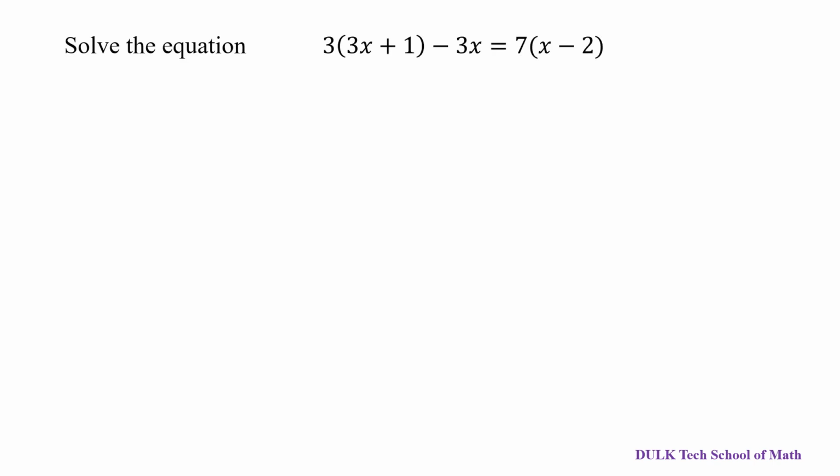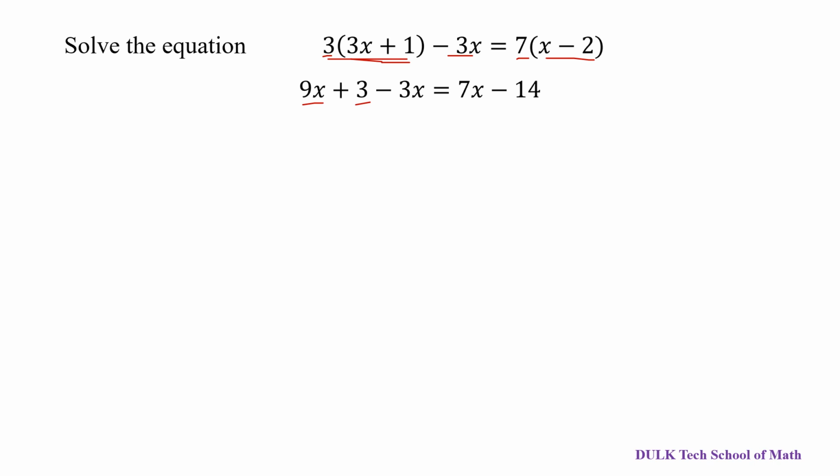Right, solve the equation, this one. Right, the first thing is to remove the brackets. We have brackets on both sides of the equal sign, so this 3 will multiply everything in these brackets. Right, so 3 will multiply these two terms in the brackets, then this 7 at the same time will multiply x minus 2. Right, let's remove brackets here. 3 by 3x we get 9x, 3 by 1 we get 3, then this minus 3 is independent of this 3.